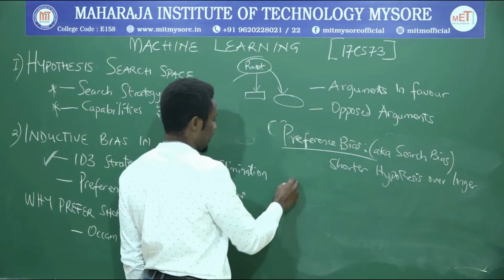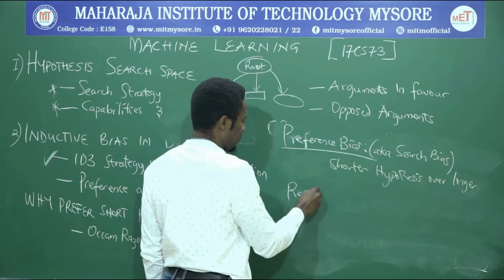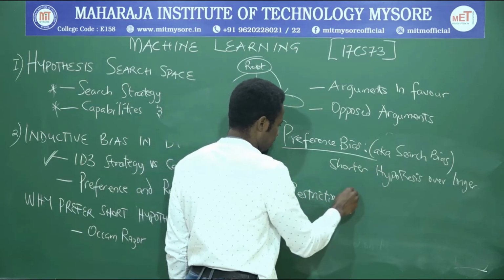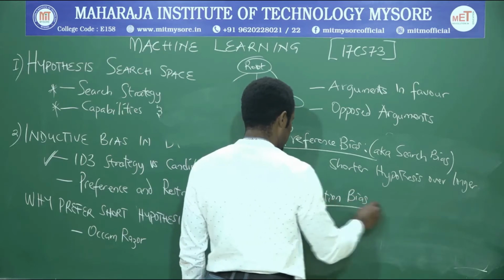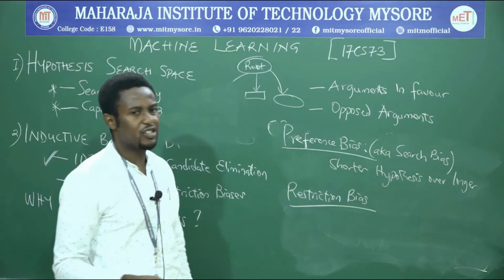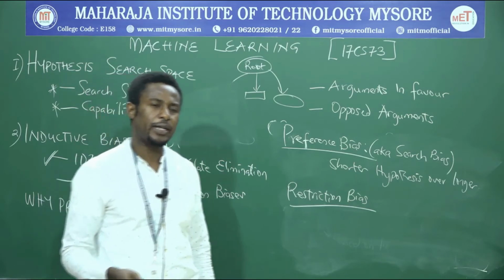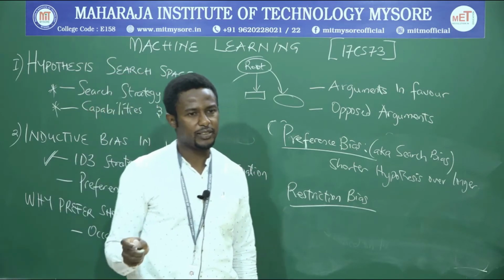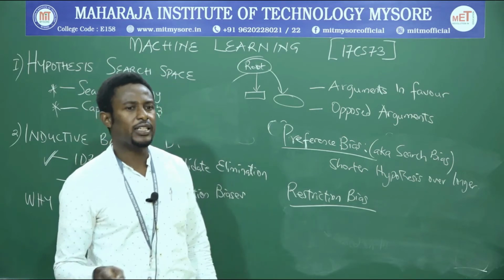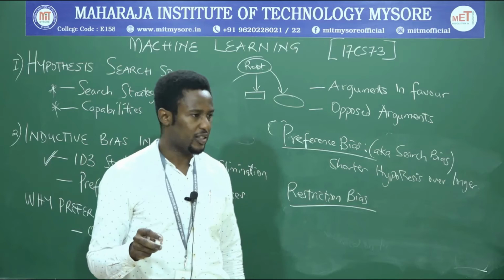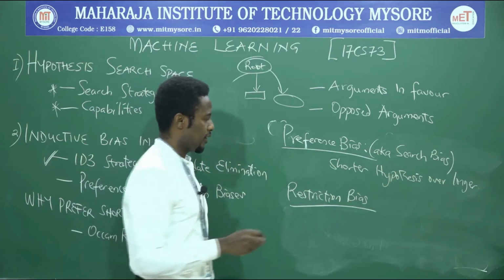Okay, how about restriction bias now? Is it that there will be sets of restrictions? This type of bias is known as language bias, because if you remember, in the case of candidate elimination, the algorithm was in the form of categorical restrictions on the sets of hypotheses considered.